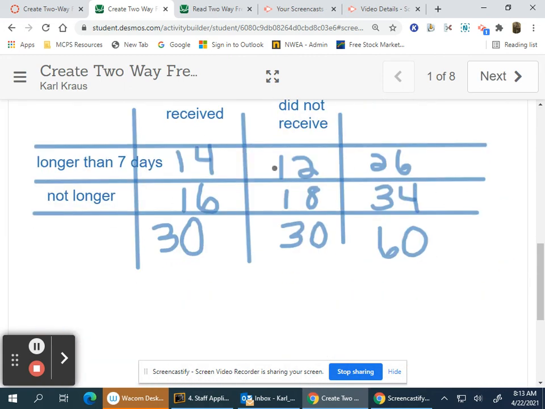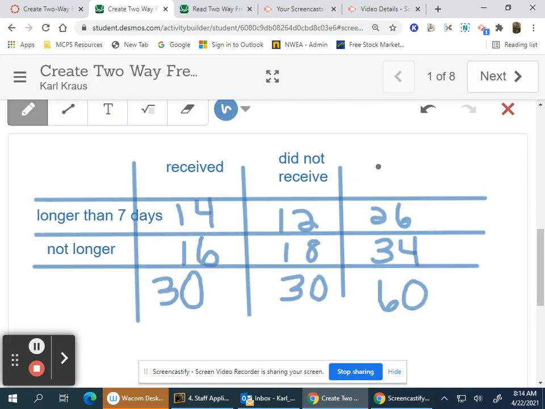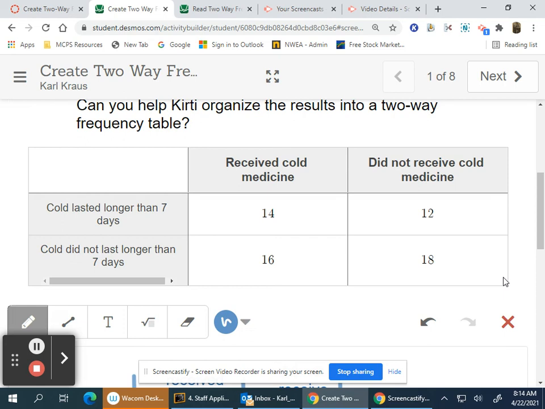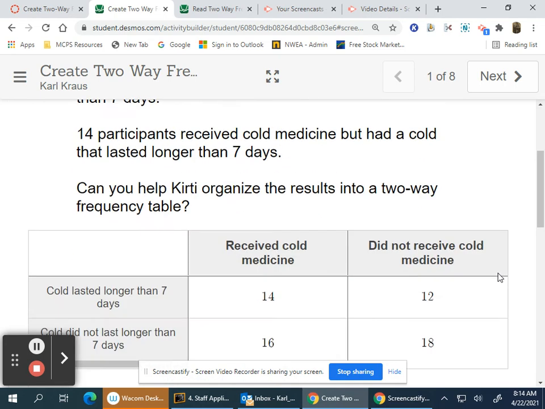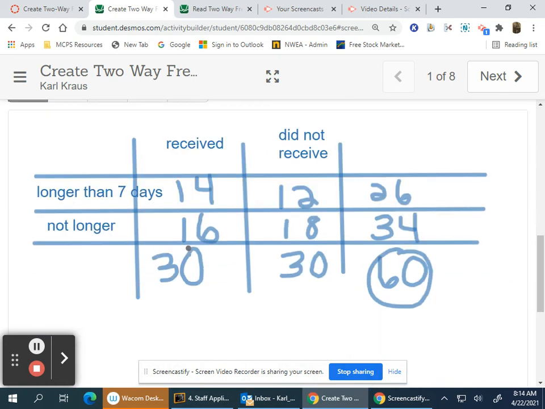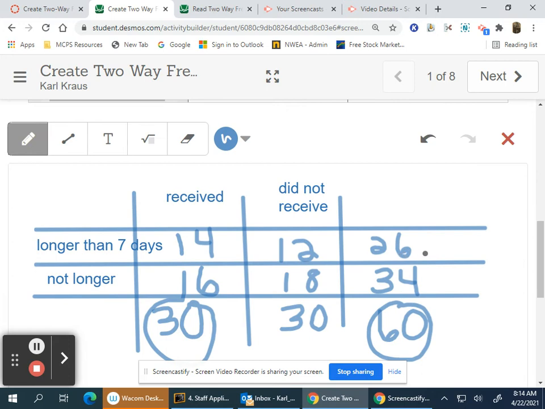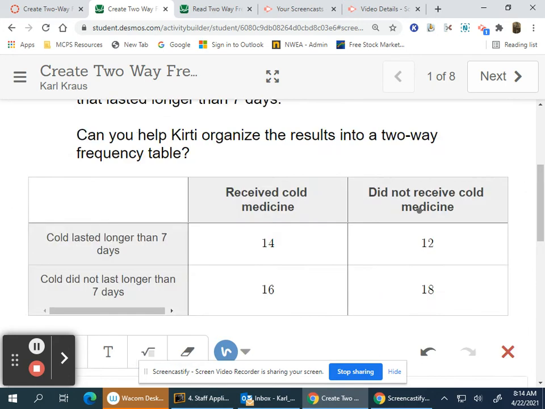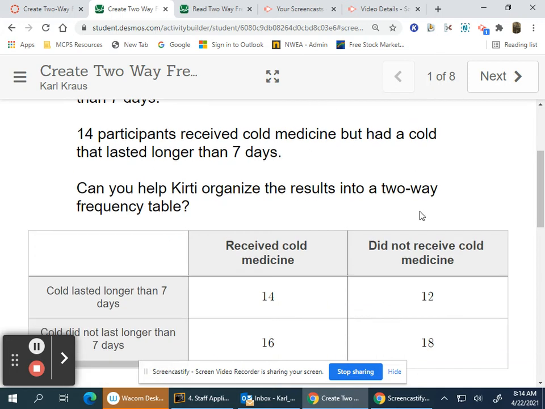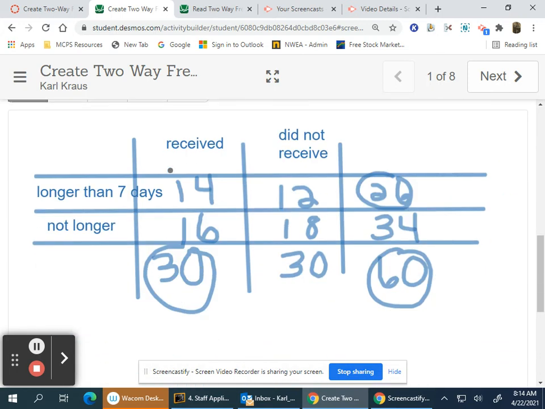So to summarize what I did, I sketched this table down here so I could use this information that was given, and then the other information that was given was this, and 26 was given, and 14 was given.